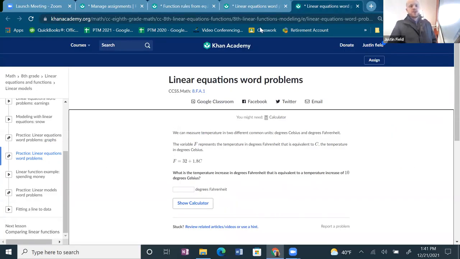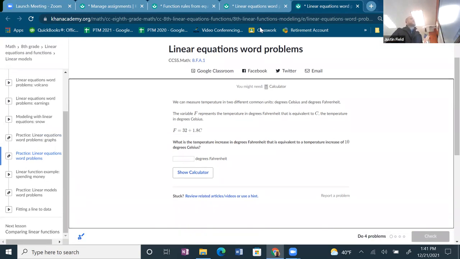And then we have these word problems without the graph, just with an equation. Let's read from top to bottom this time. We can measure temperature in 2 different common units, degrees Celsius and degrees Fahrenheit. The variable F represents the temperature in degrees Fahrenheit that is equivalent to C, the temperature in degrees Celsius. Stop right there.